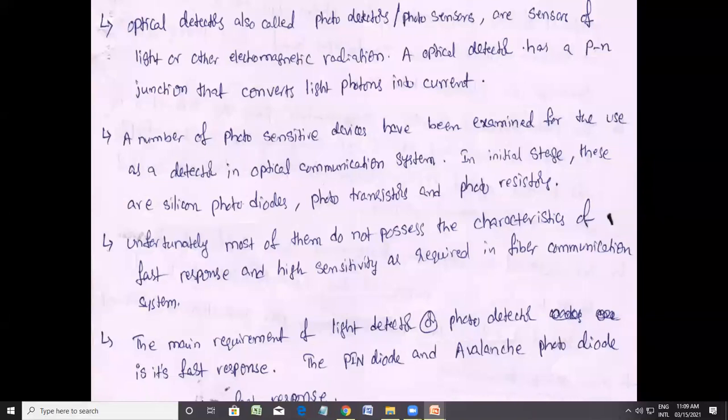Because phototransistors and photoresistors do not meet the requirement of receiving or sensing the light signals. What is the main requirement of this photo detector? Fast response. For this fast response, the photodiodes are classified into pin diode and avalanche photodiode.